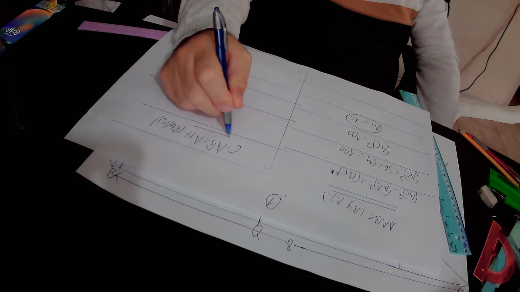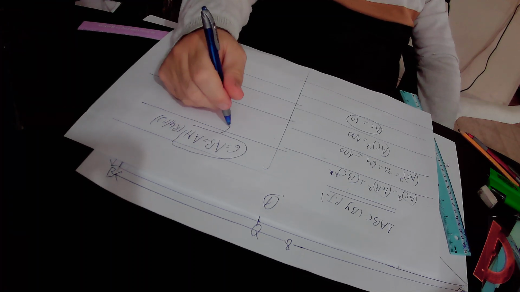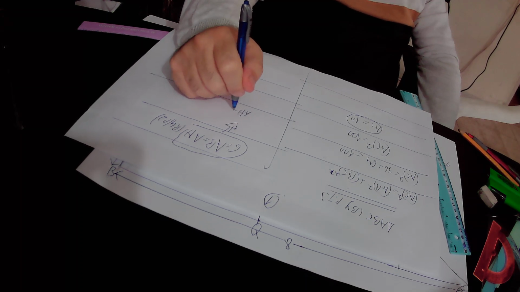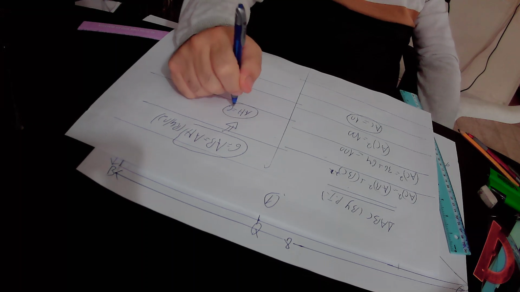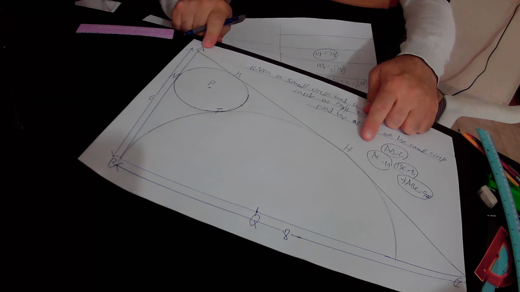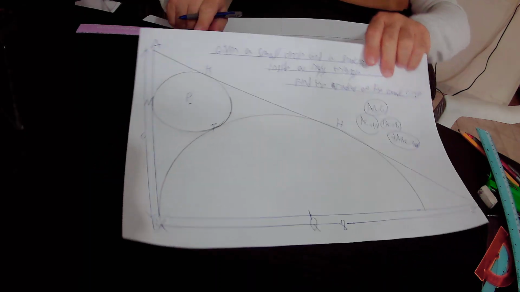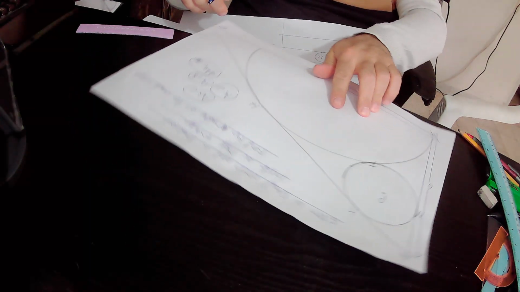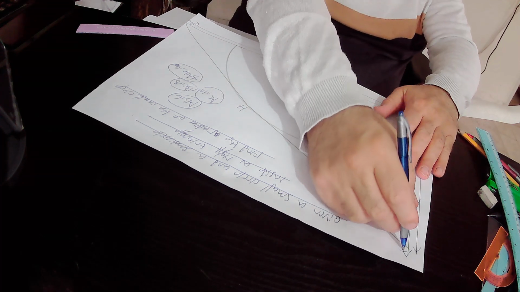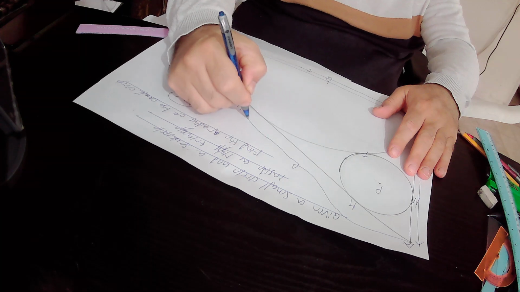And from this equation, 6 equals AB equals AH, we derive that AH is also equal to 6 units in length. So this side AH equals 6 units in length.